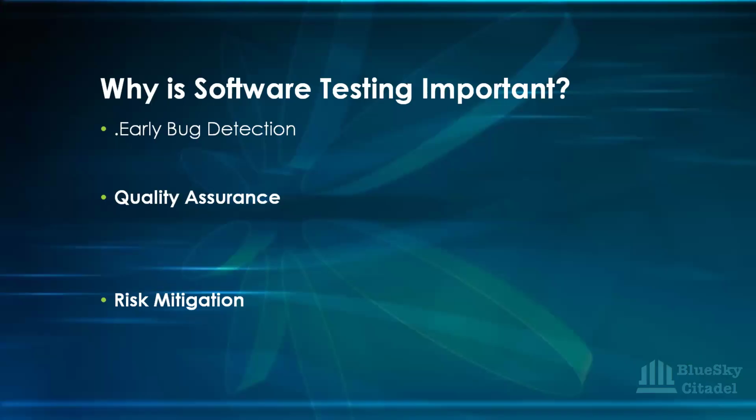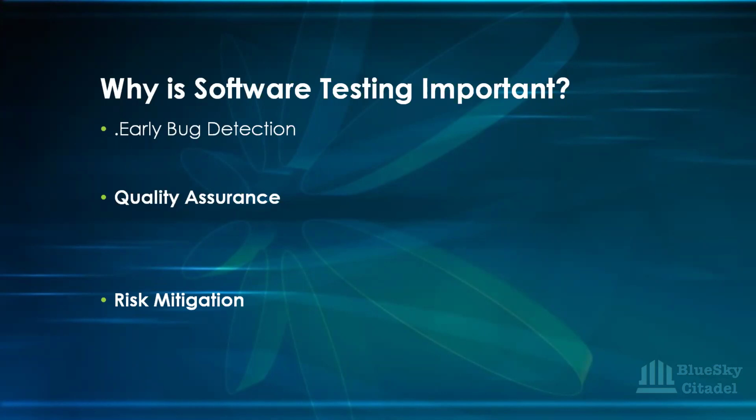So it has an impact when bugs are not detected early. That's the bottom line. Like I said earlier, it is much cheaper when it's detected early. When it's detected early, it's cheap to fix.